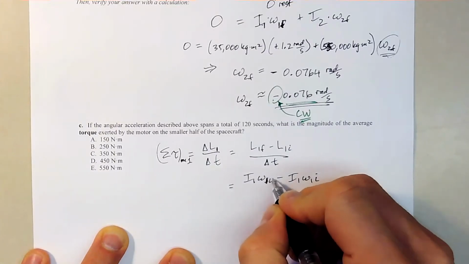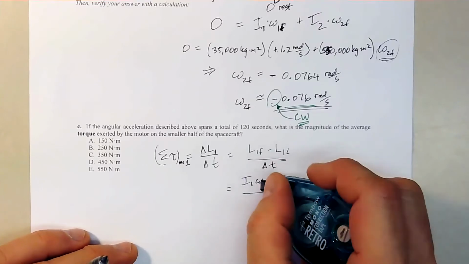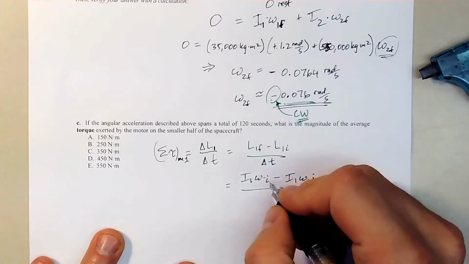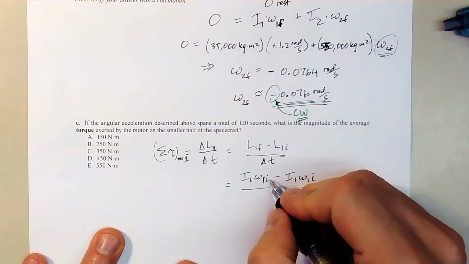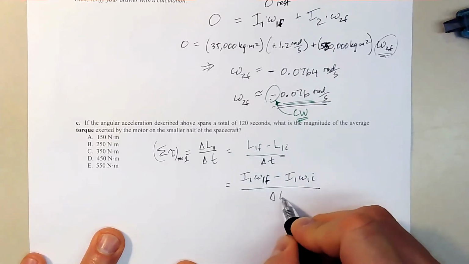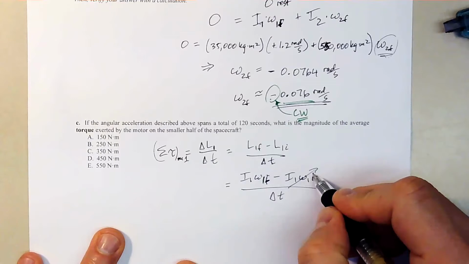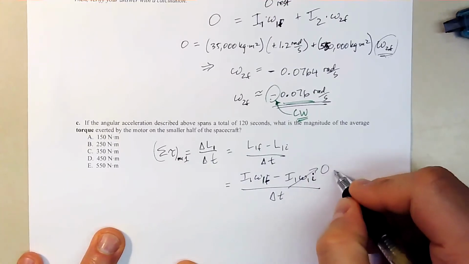This is omega 1 final. I've got to keep all my subscripts correct. Great. Now we know everything started at rest at the beginning, so that would be 0.